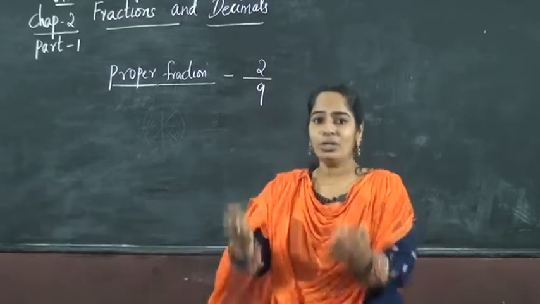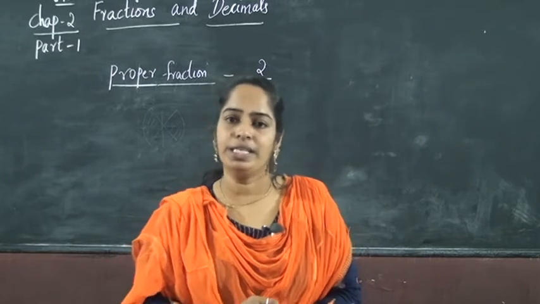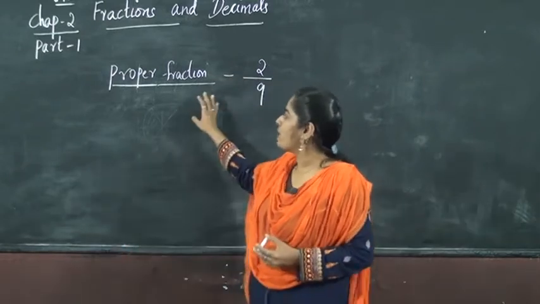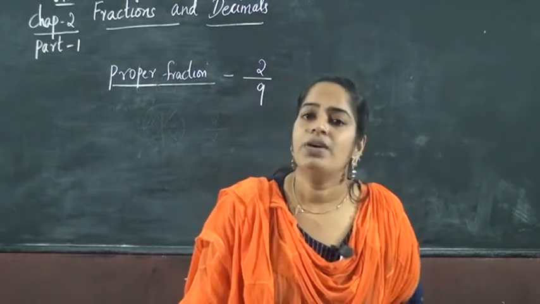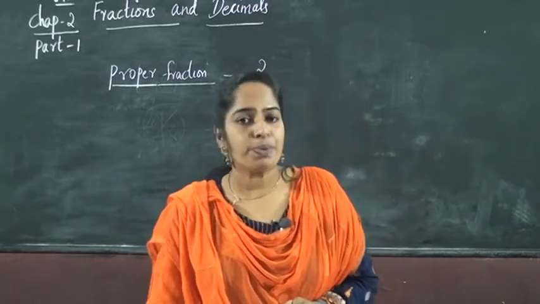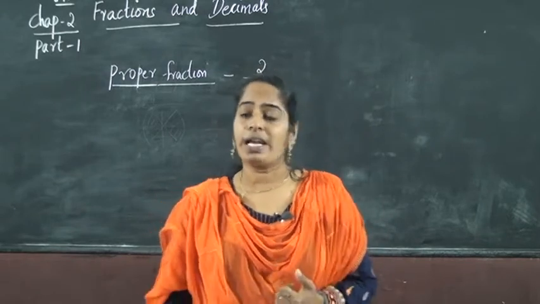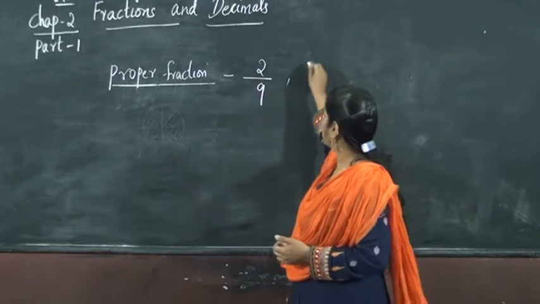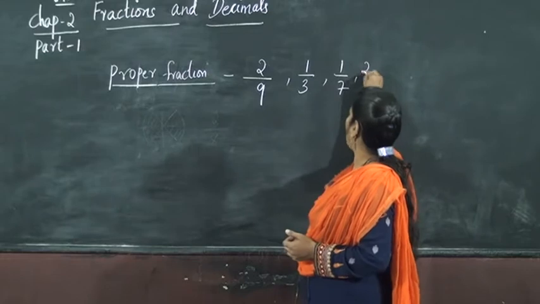You have heard about how to write the numerator and the denominator. This is known as a proper fraction because the numerator is smaller. So proper fractions are like 1 by 3, 1 by 7 or 2 by 6.